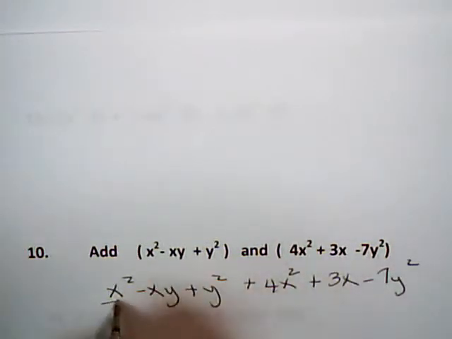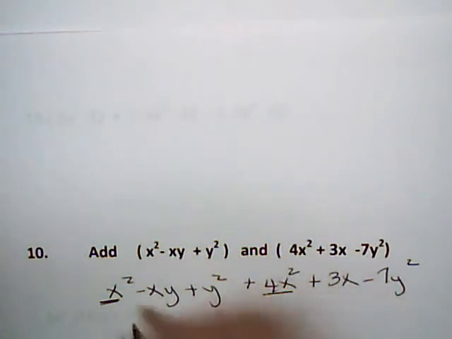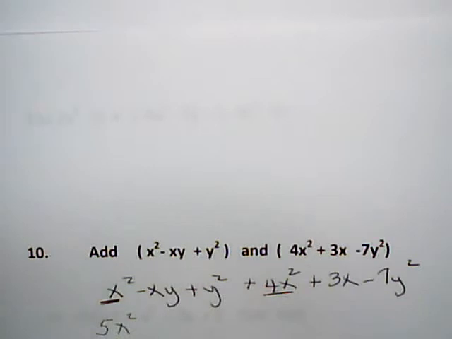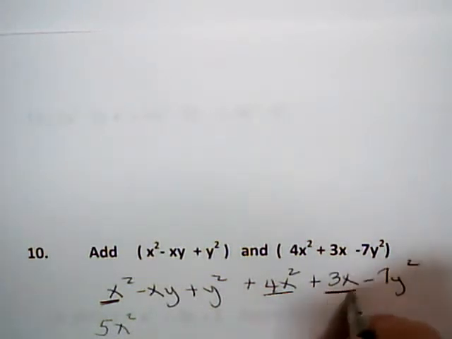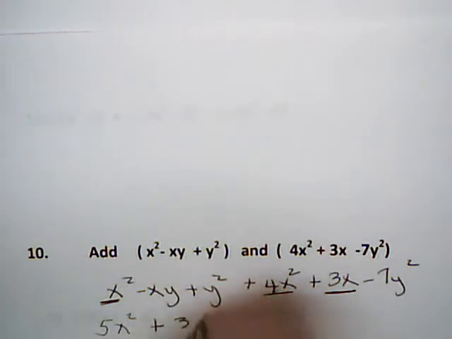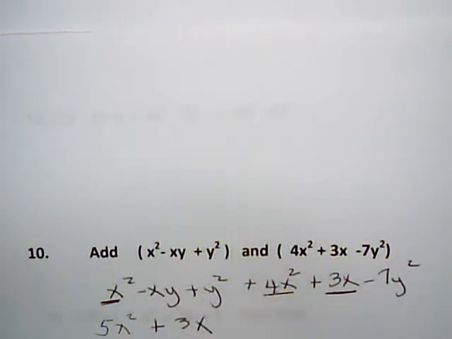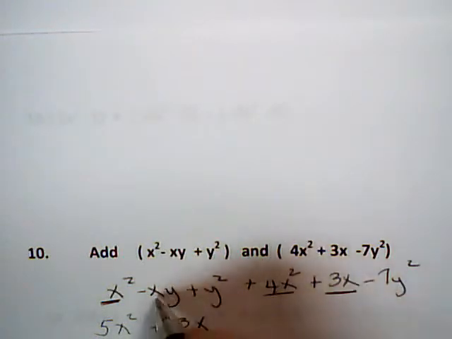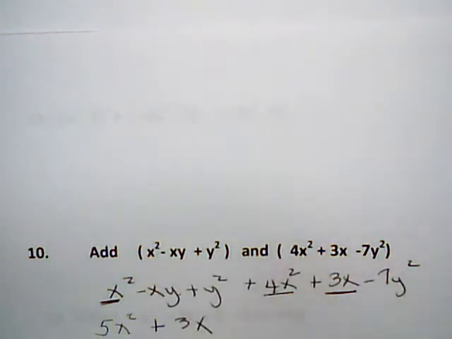So I'm looking at my x squared terms first. And 1 plus 4 would be 5, x squared. Now I'm going to see if I have just any x terms, and I do. I'm just going to bring it down. Next, I have an xy term, and you'll see as my x is going down, now I'm beginning to pick up a y.